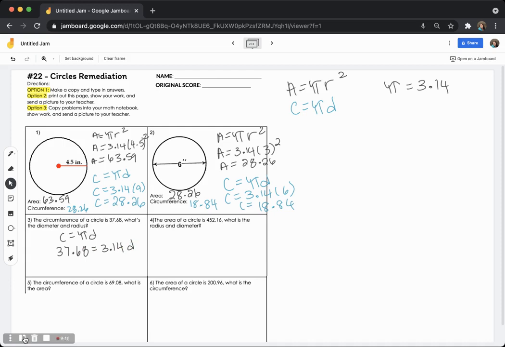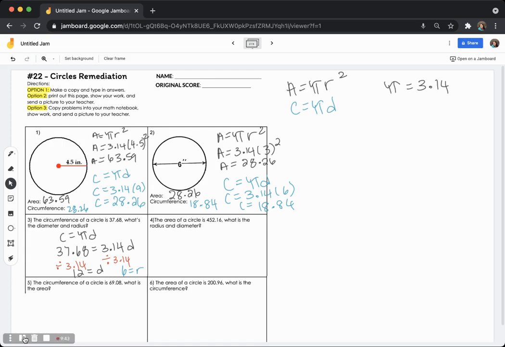So to solve this equation, I need to divide both sides by 3.14. And that's going to give us that 12 is equal to the diameter. So if the diameter is 12, and that's all the way across the circle, then the radius would be 6 because that's halfway across the circle. So the diameter is 12, the radius is 6.